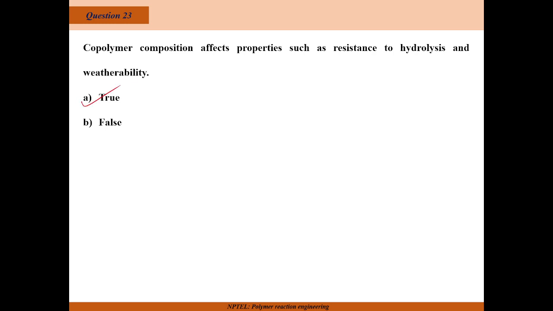The composition of the polymers, what kind of polymers are attached, definitely affects properties such as resistance to hydrolysis and weatherability. Okay, so that's the case. Let's move on.